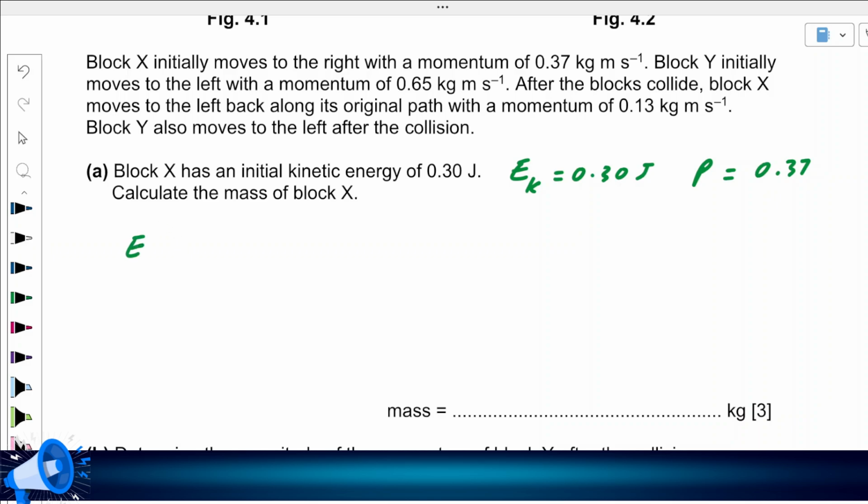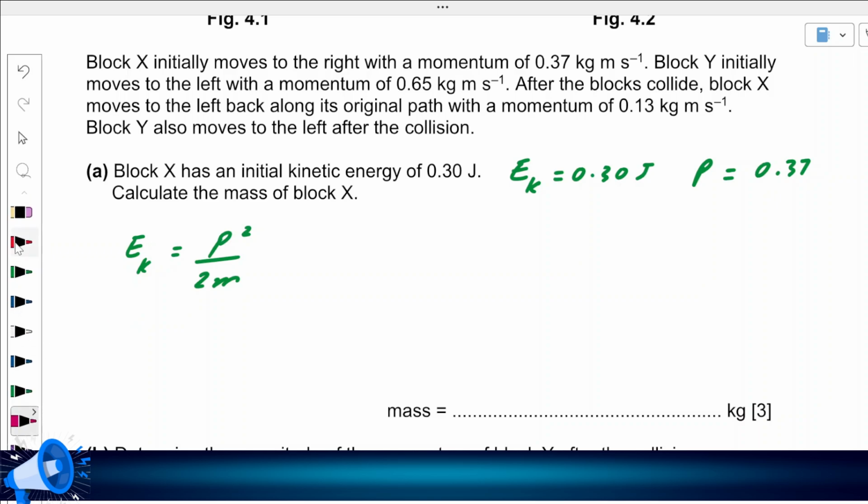You should memorize this formula: kinetic energy equals P square over 2m, the square of momentum divided by 2m. The derivation is also included in the syllabus. I'm not going to derive it right now. If you want to see the derivation, you can check it out in the workbook of momentum.